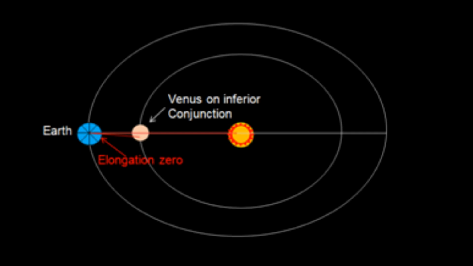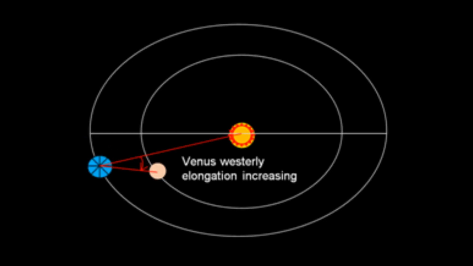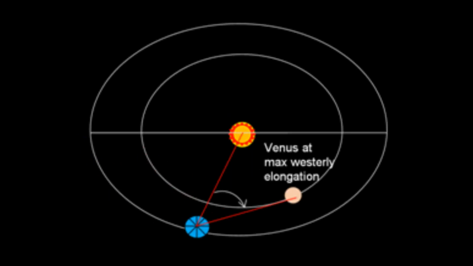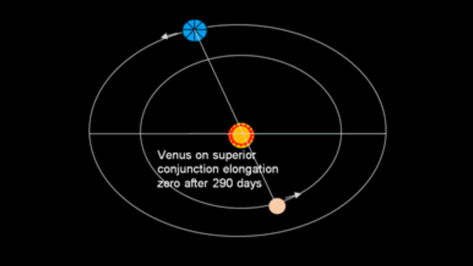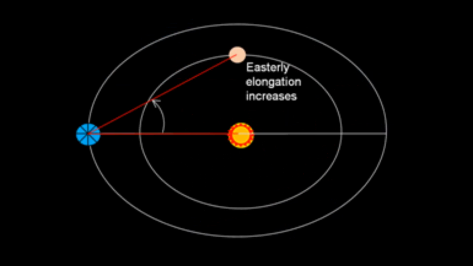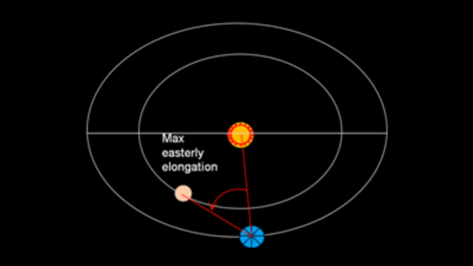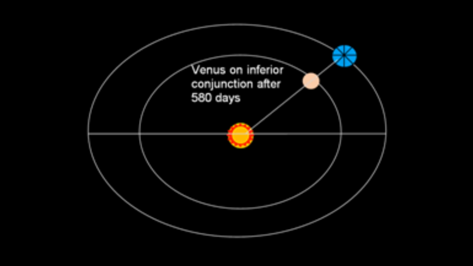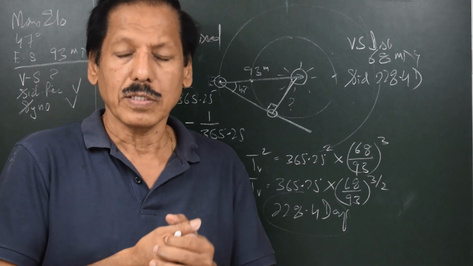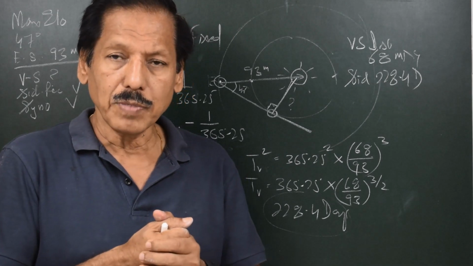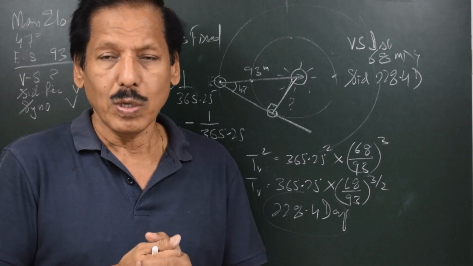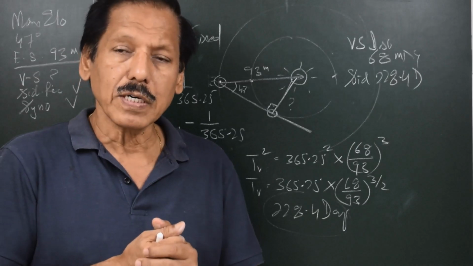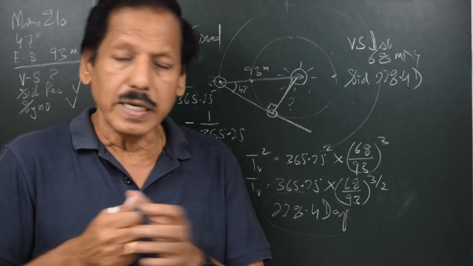609.59 days. In this picture, we can observe how we start the count from the time Venus is at inferior conjunction. As you can see, Venus is increasing in its elongation. At inferior conjunction, the elongation is 0. It increases on the westerly side, and subsequently Venus reaches the maximum westerly elongation. Thereafter the elongation decreases.